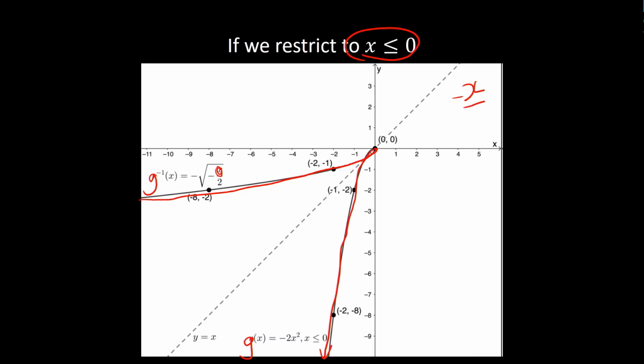You've got negative x over 2. In order for this to be a value that is positive, x has to be a negative value because negative times negative is a positive, and then I can take the square root. If x was going over onto the positive values, we would get a function that is undefined. Okay, so in that way it also makes sense that the domain now becomes x is less than or equal to 0. All right.